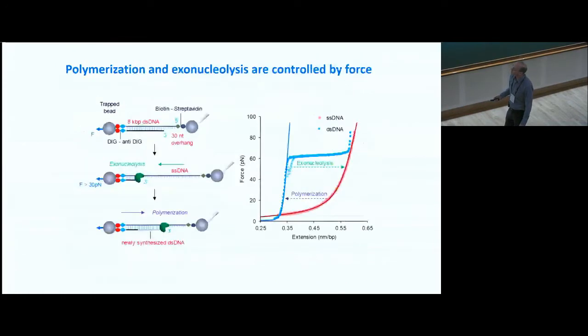So our experiment that we're going to do is try to understand how this exo and Pol activity can be regulated. And so it was discovered almost about 15 years ago that you could actually take a polymerase, and this was done with T7 in the Bustamante lab.